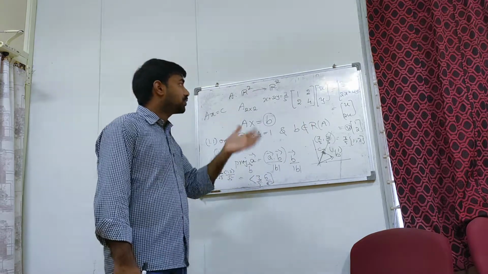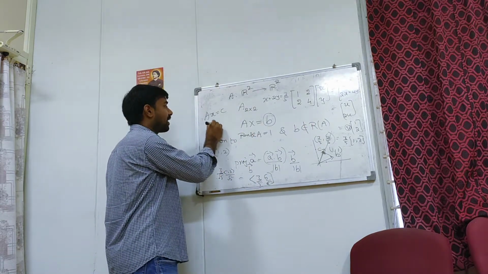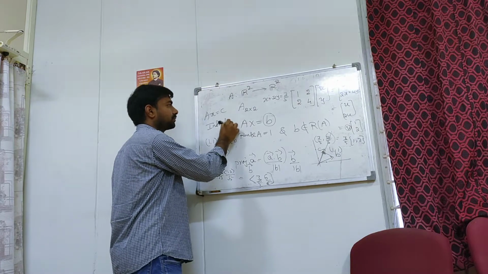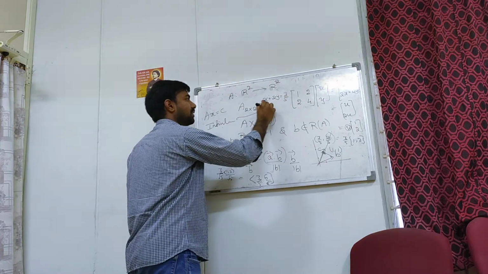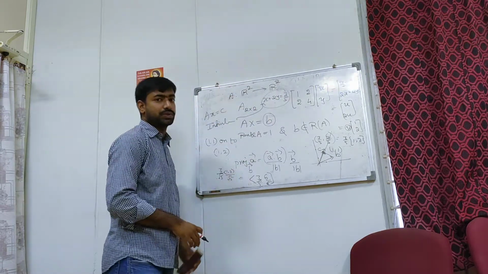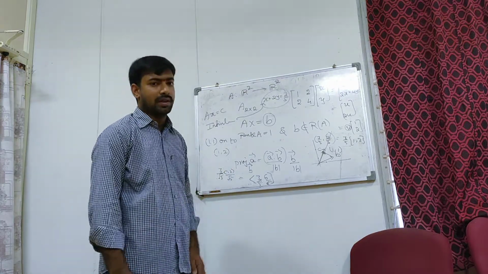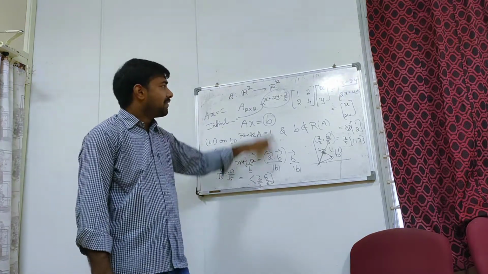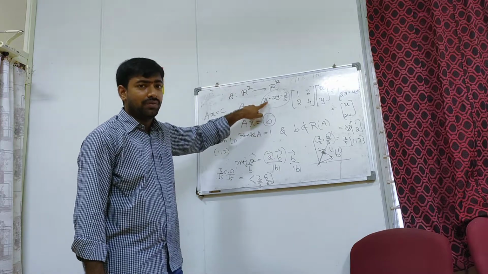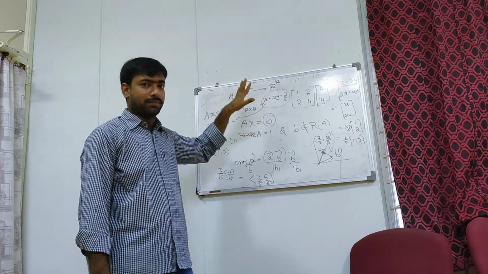So how many solutions do we have? We have infinitely many solutions, because those solutions will be given by this equation, x plus 2y equals 3 by 5. Now the question is, what is the vector on this line which has a minimum norm, right?